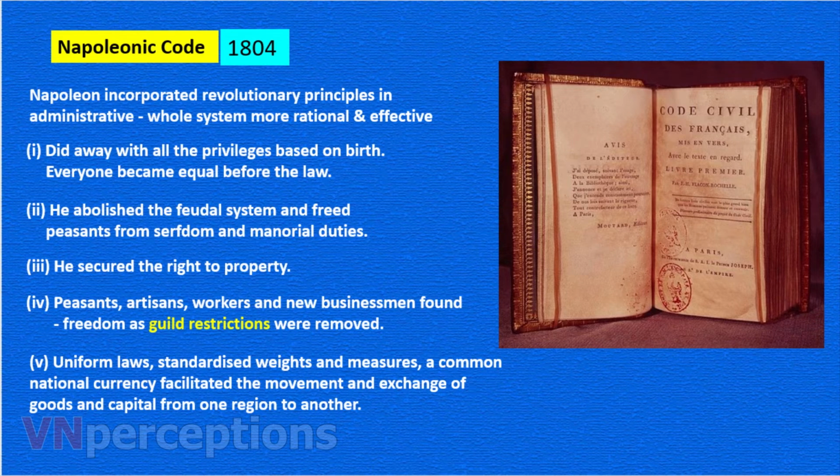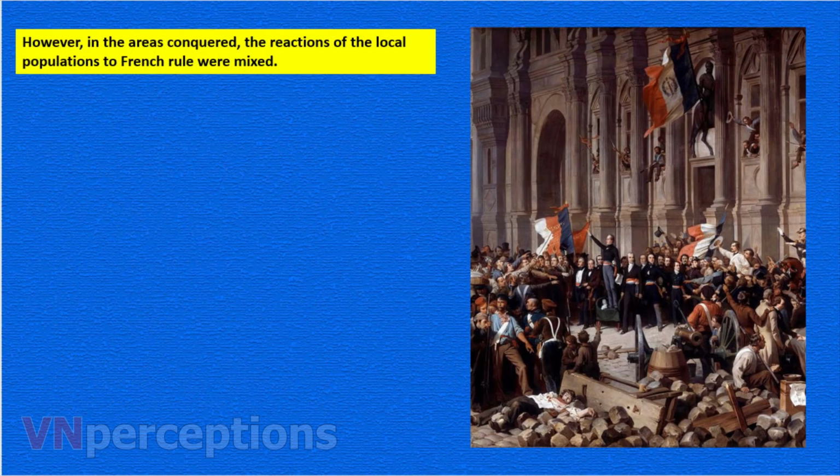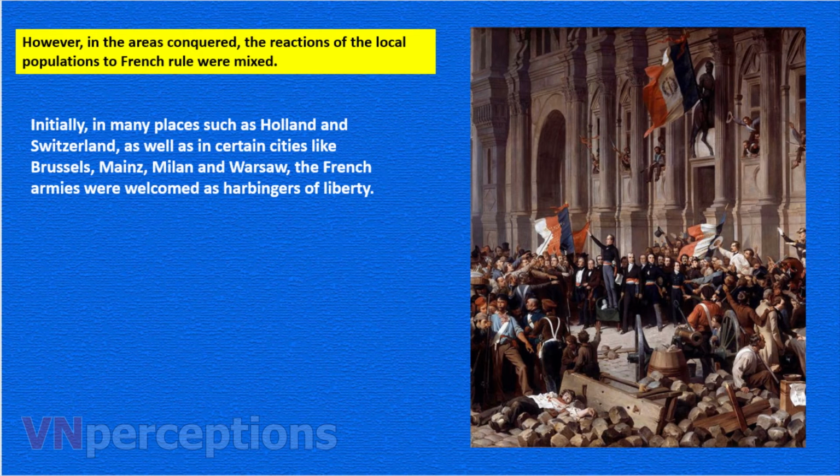However, in the areas conquered, the reaction of the local population to French rule was mixed. Initially, in many places such as Holland and Switzerland, as well as in certain cities like Brussels, Mainz, Milan, and Warsaw, the French armies were welcomed as harbingers of liberty.